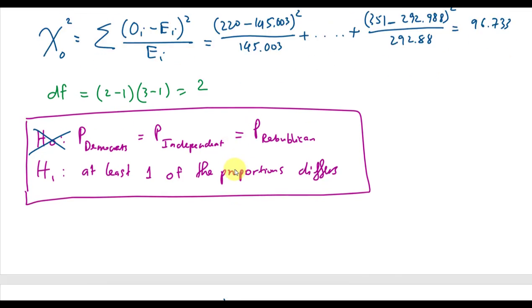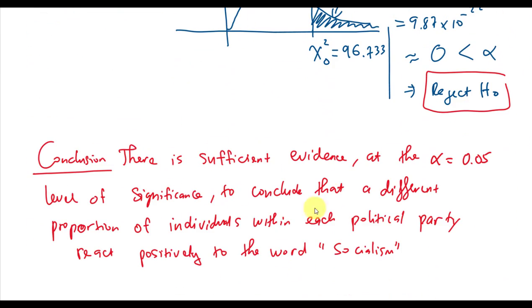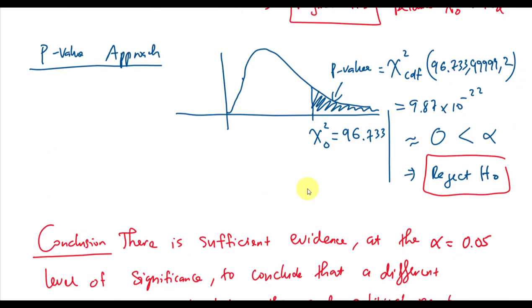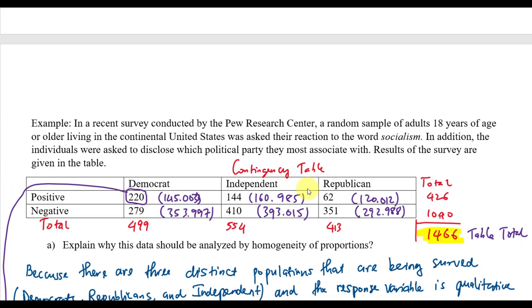So that is the conclusion. So there's sufficient evidence at the alpha level of 0.05 level of significance to conclude that a different proportion of individuals within each political party react positively to the word socialism. And that is how we conduct the test of homogeneity of proportions.